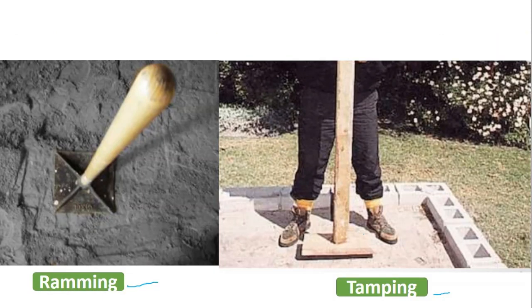In ramming, the bottom weight is a bit higher, therefore it helps us to get a higher compaction. Tamping is done for giving a smooth finish to the surface and also to compact the surface of the concrete when the thickness of the member is less.